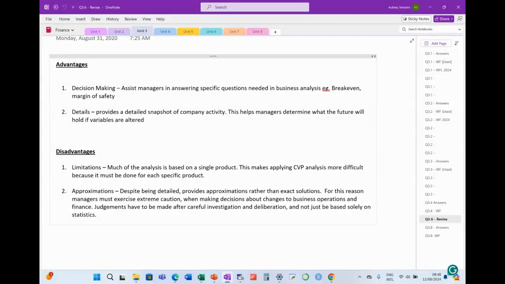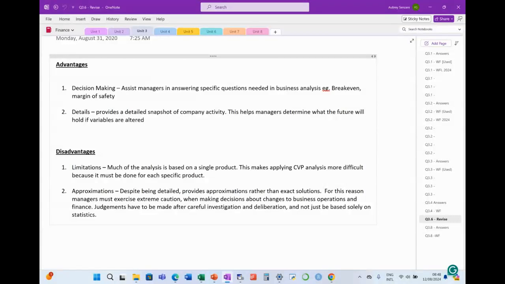That is making quite a lot of assumptions. Remember, there's one assumption that we make. I don't know if we actually highlighted it in 2A, but in 2B, under this very same topic, cost volume profit analysis, one of the assumptions is that the sales mix, in other words products A, B, and C, the units sold under each of those remains constant.